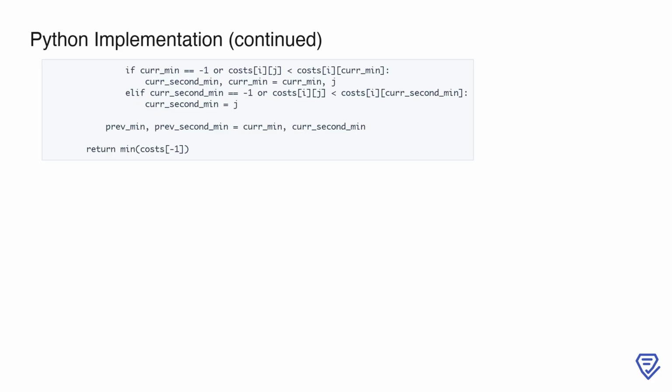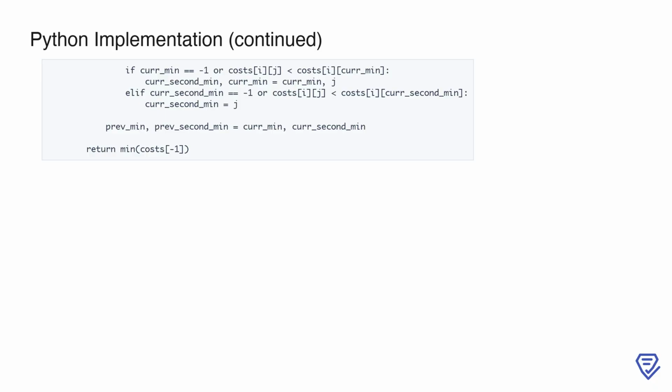In the next part, we process each house starting from the second one. For each house, we initialize three variables, cur_min, cur_second_min, and cur_min_color, which are used to track the smallest and second smallest costs for the current house. Then, for each color, we calculate the cost to paint the current house.